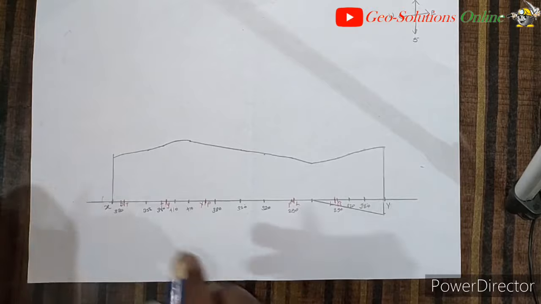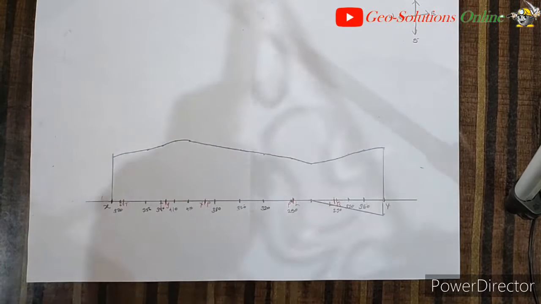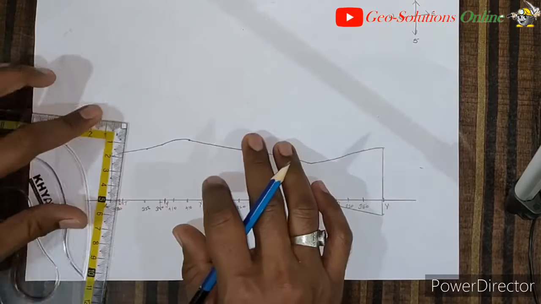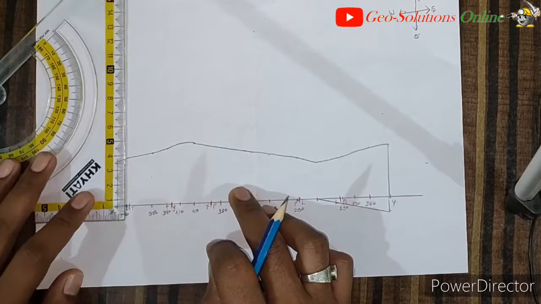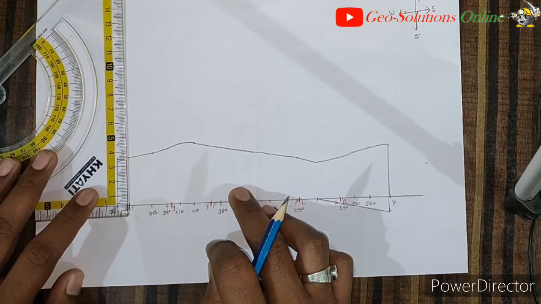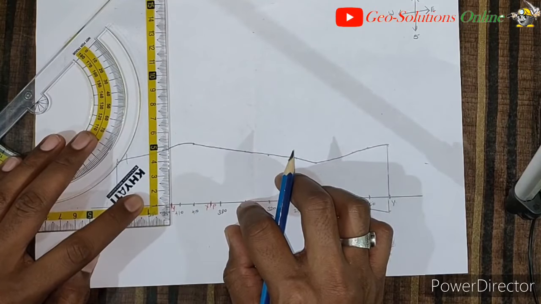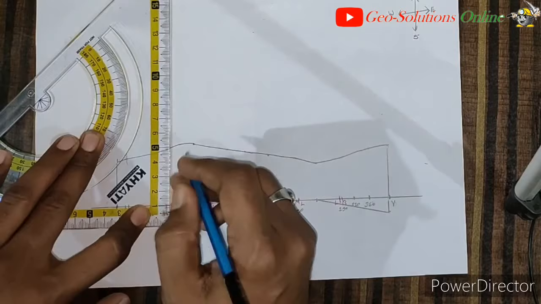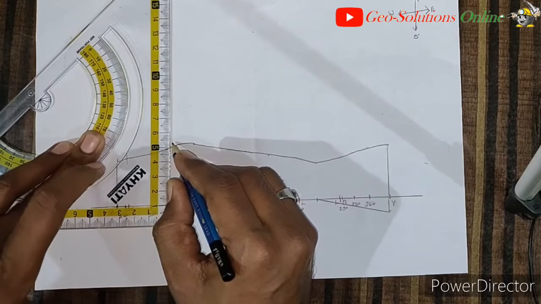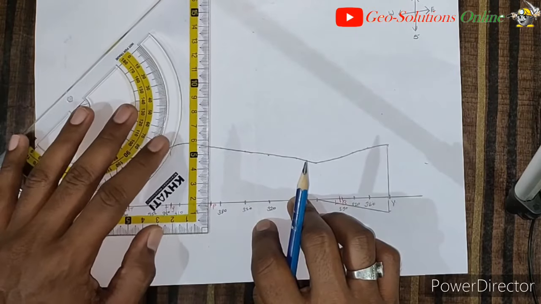Okay, so we have to mark our bedding points on the section. Try to mark exactly; you may use the ruler scale.